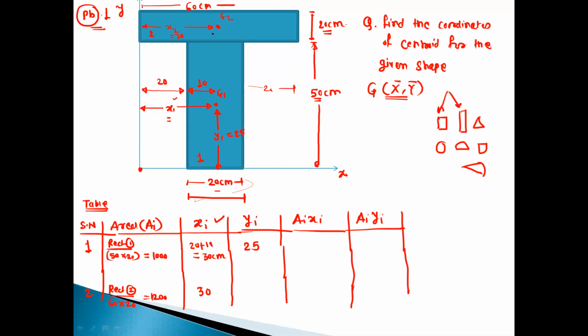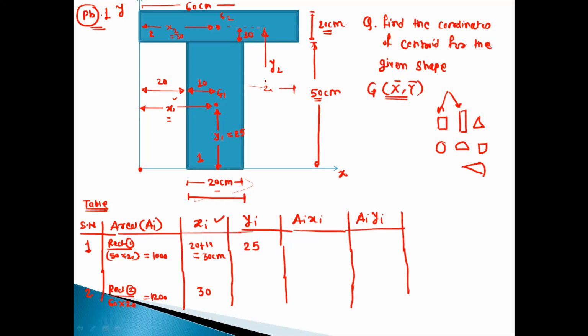And for the second rectangle Y coordinate, so this is G2, this is 20 centimeter. So with respect to this baseline of the rectangle 2, this distance is equal to 10 centimeter. Okay. And Y coordinate means we have to measure this complete distance.